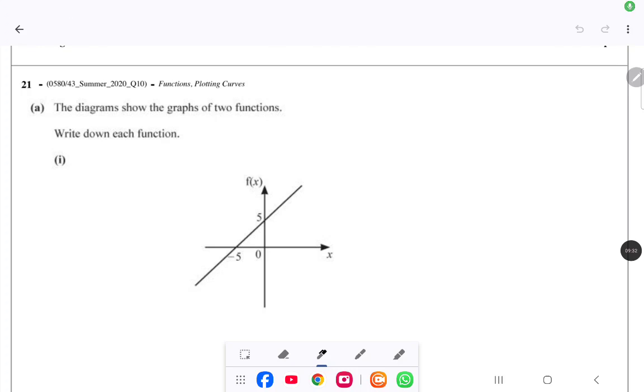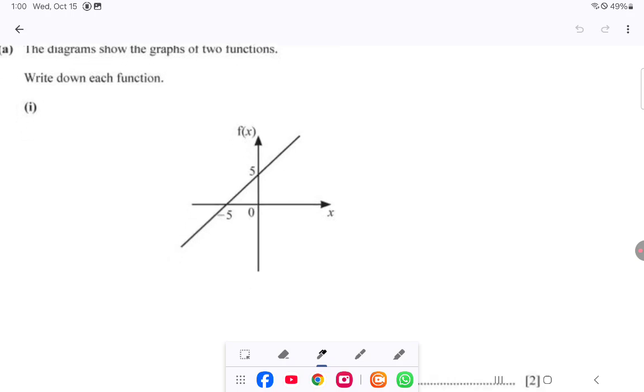Now in question number 21, the diagram shows the graph of two functions. Write down each function. In the first function, we can see one point at which x is negative 5 and y is 0, and on the right x is 0 and y is 5. So these are the two points of the line which is given.